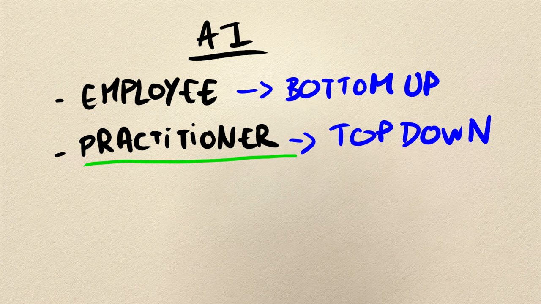And usually those two things are very different, because the problems that a company or a client has, or even you if you're solving it for yourself, are going to be very different from the ideas or knowledge you'd acquire if you went the employee route.